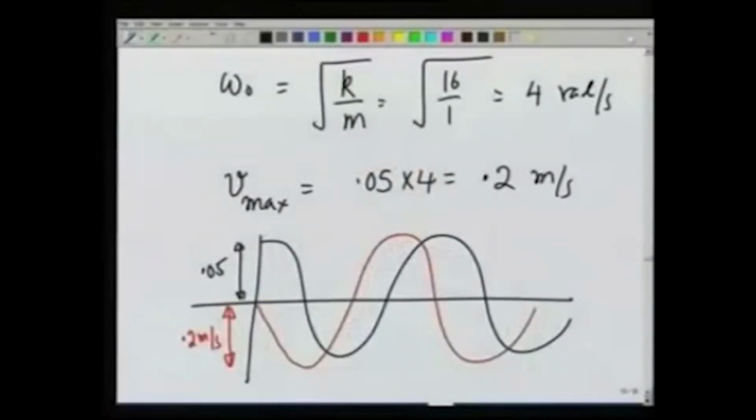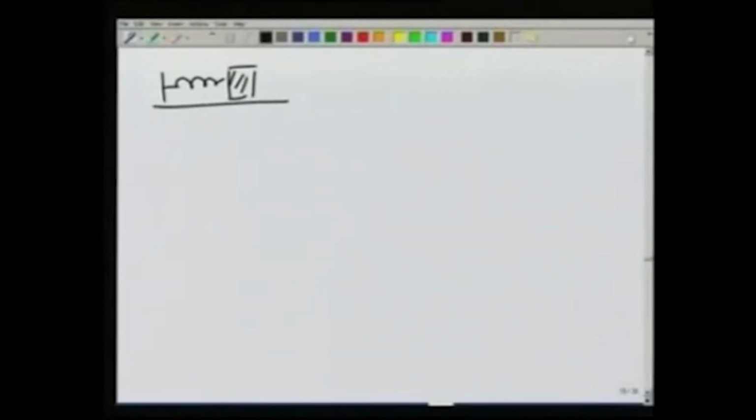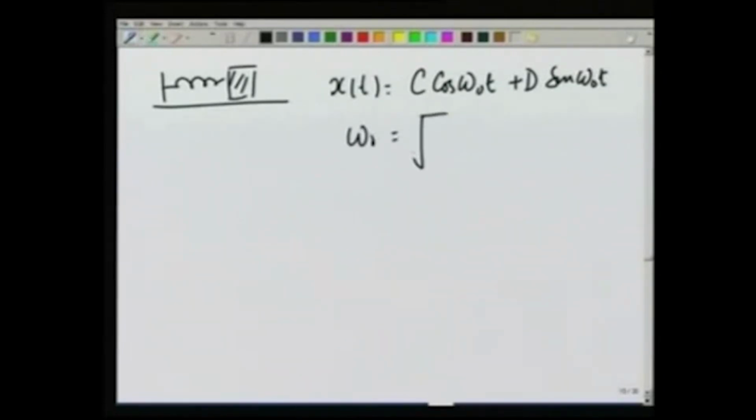Now let me take the same system whose solution we have already determined: x(t) is equal to c cosine of omega 0 t plus d sine of omega 0 t, where omega 0 is equal to square root of k over m, equal to 4 radians per second.